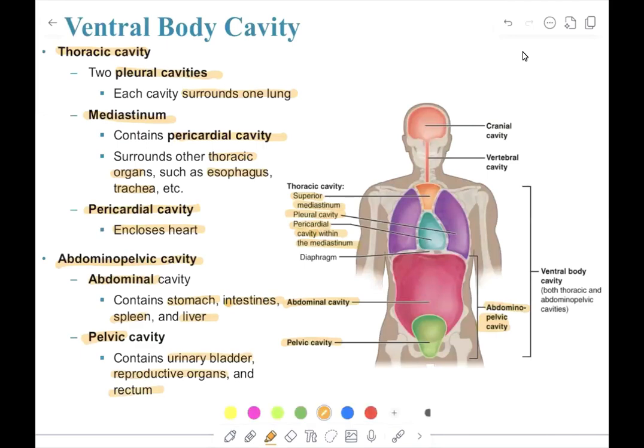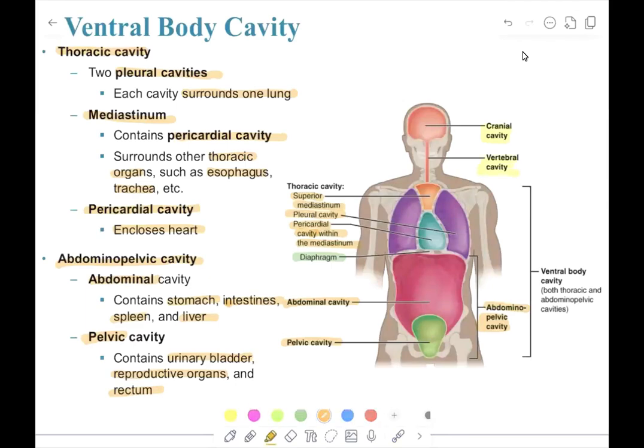And remember, the diaphragm is, again, this skeletal muscle that separates the thoracic cavity from the abdominal pelvic cavity. I put this in a different color so you can see it. For the dorsal cavity, which is a little bit easier, remember it's subdivided into the cranial cavity, which has the brain, and the vertebral cavity, which has the spine.